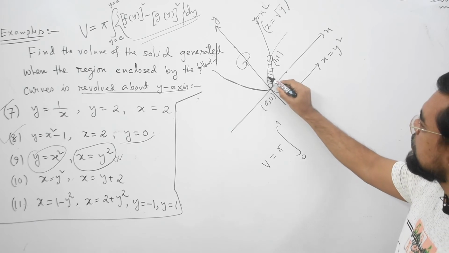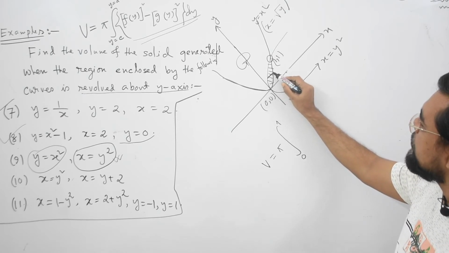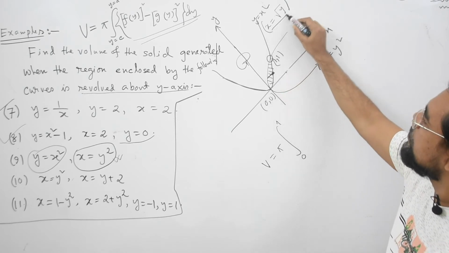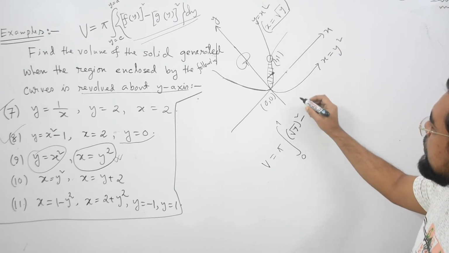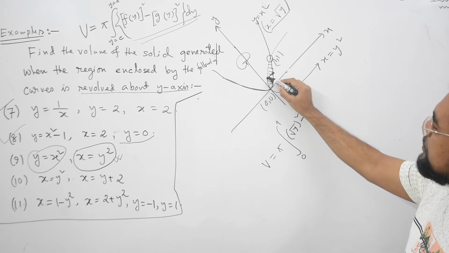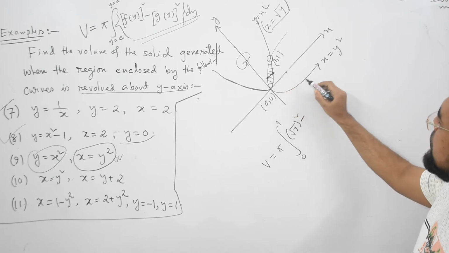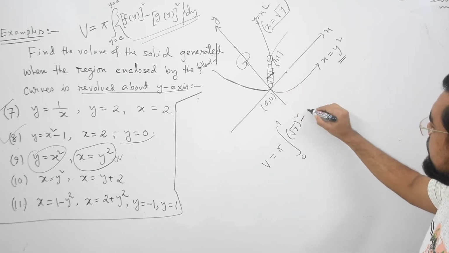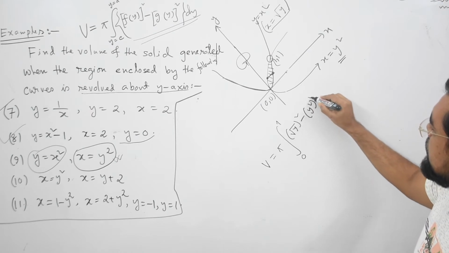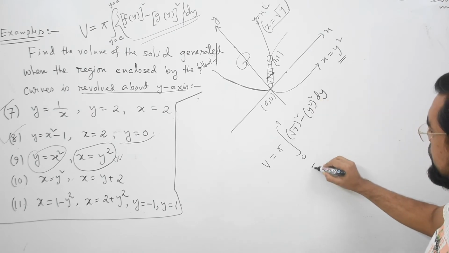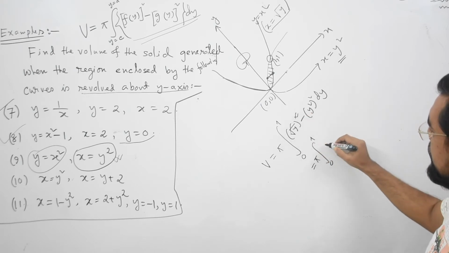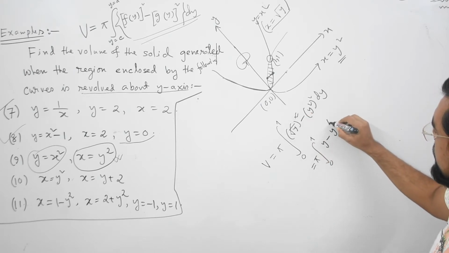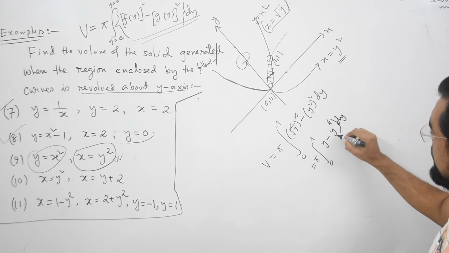If you take a cross section, the curve on the right is root y, so root y squared minus the curve on the left, which is y squared, dy. So this equals pi, integral from 0 to 1 of y minus y to the power 4 dy.